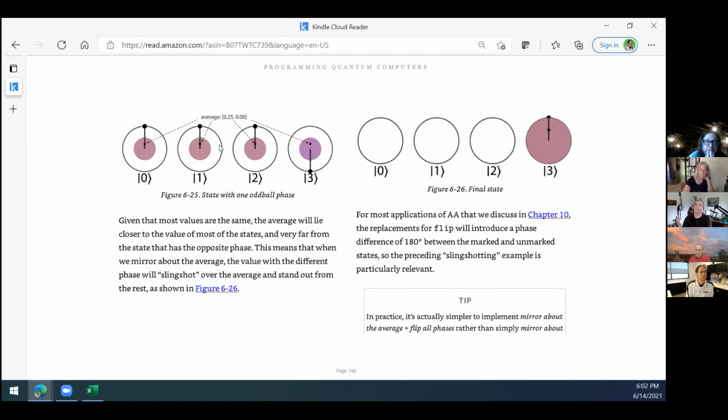Initially this could have all been 0s, and then there's the Hadamard that we applied to all of them, which gave them all their averages. And then we were able to flip on that. Those all go back to 0, and this one goes all the way up here. That makes sense.